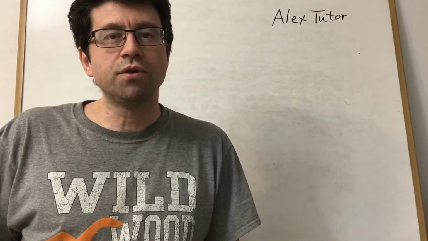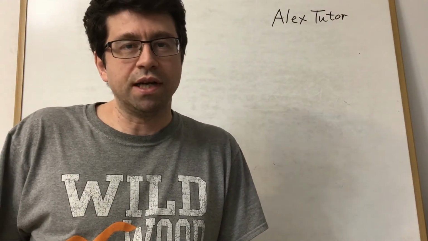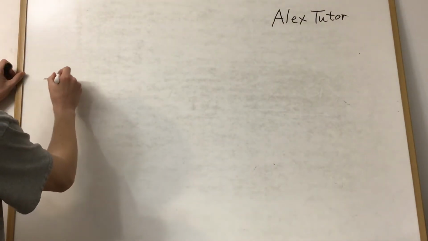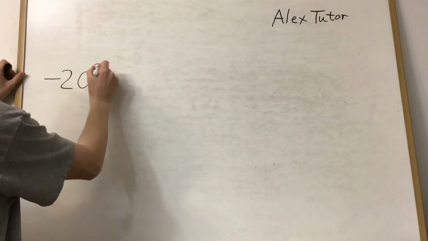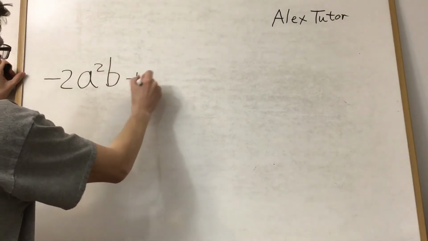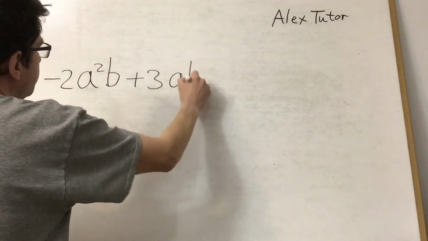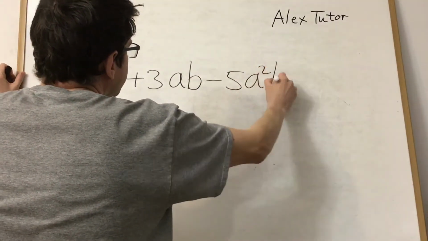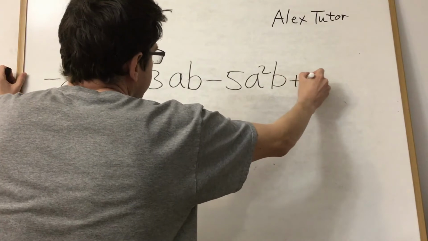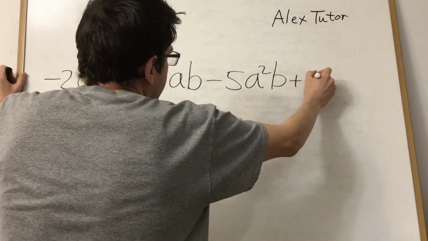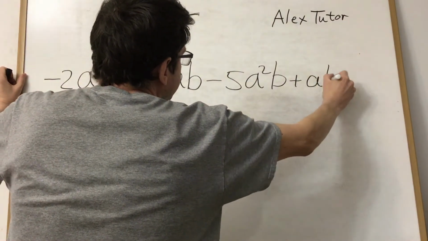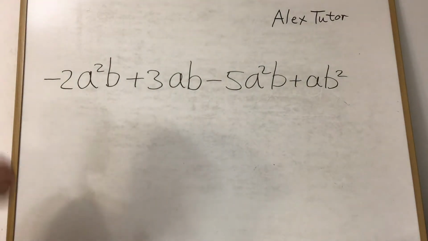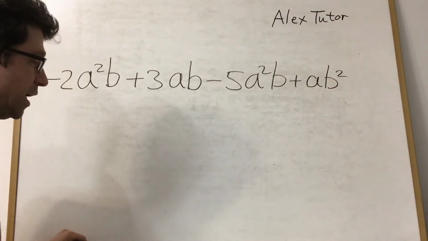Now let me give you another more complicated example. For example, what if I have negative 2a squared b plus 3ab minus 5a squared b plus ab squared. Okay, in this case I only have two like terms.